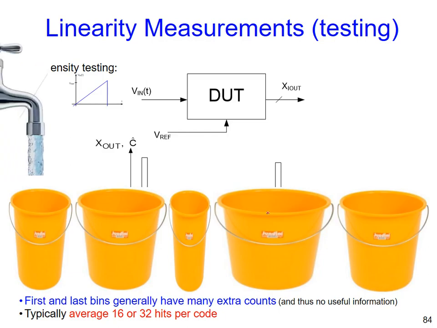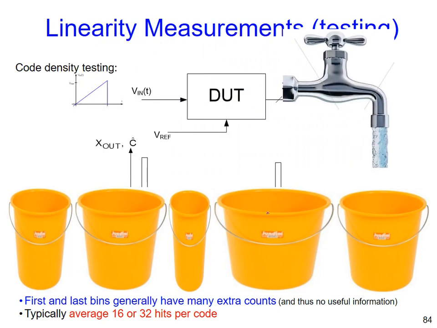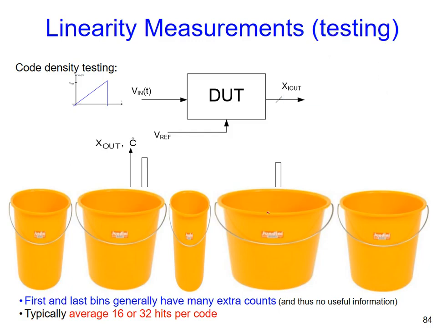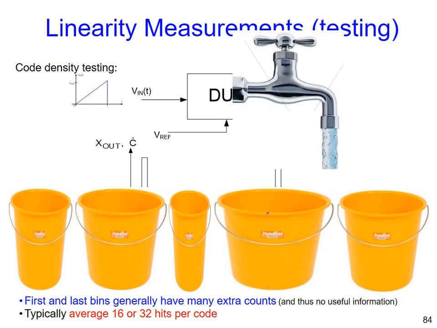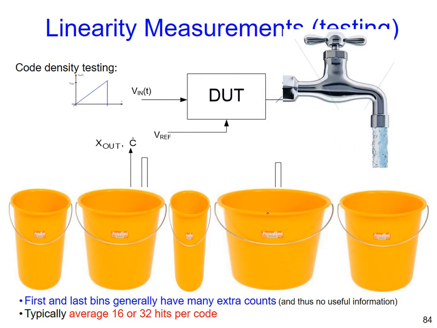Just like, okay, you increase your input from the minimum all the way to the maximum, ideally. And for each step, if it is perfect, then every step will be exactly the same size. But unluckily enough, after fabrication, some steps become larger than the perfect value.